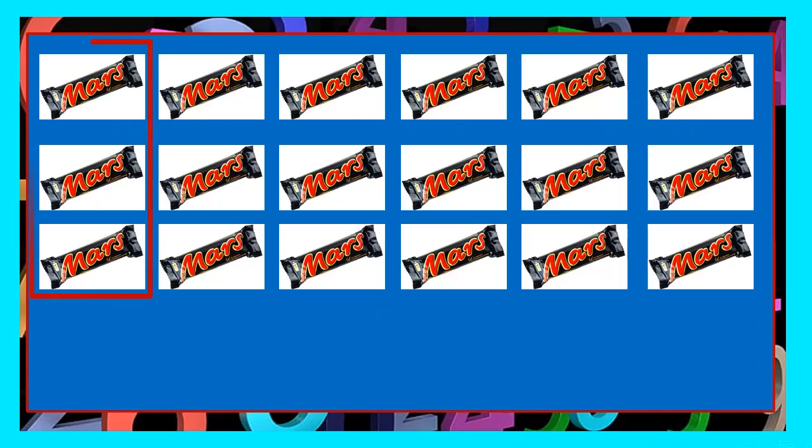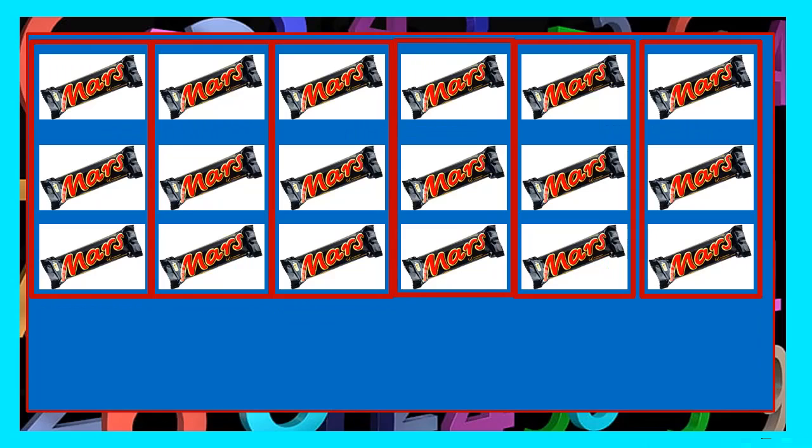So this is 1, this is 2, this is 3, 4, 5, and 6. So how many chocolates are there in each group? You're correct. There are 3 chocolates in each set or in each group.